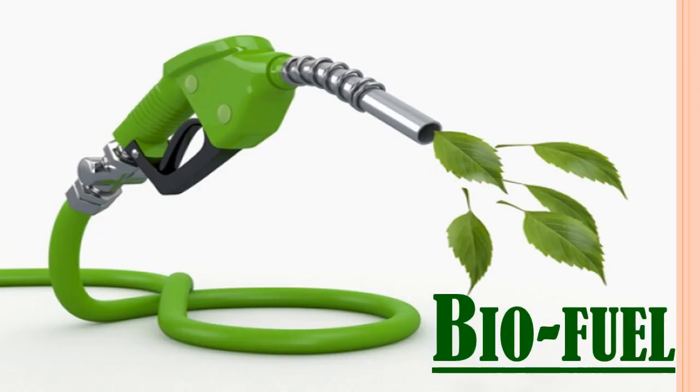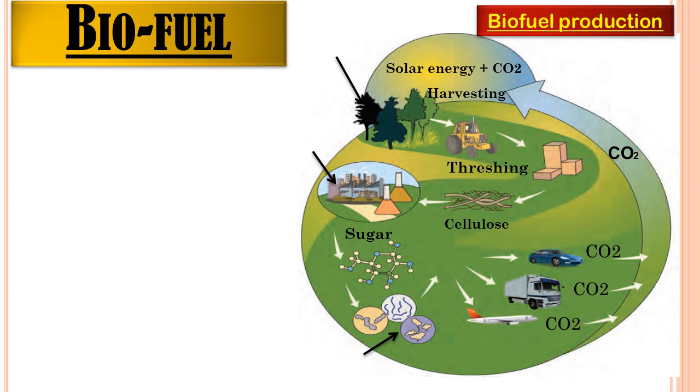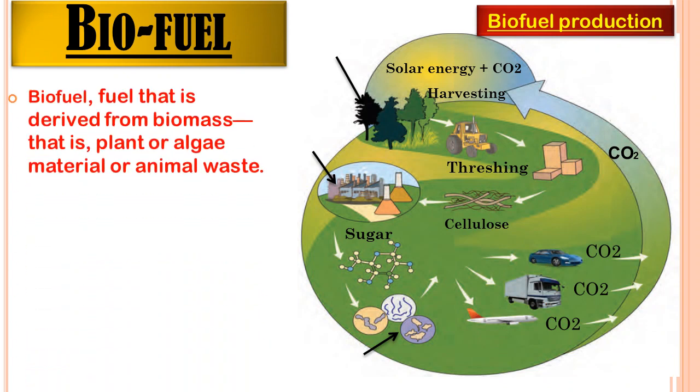Now our next topic is biofuel. So what is it? You can observe here the biofuel production method. Biofuel means a fuel that is derived from biomass, that is plant or algae material or animal waste.